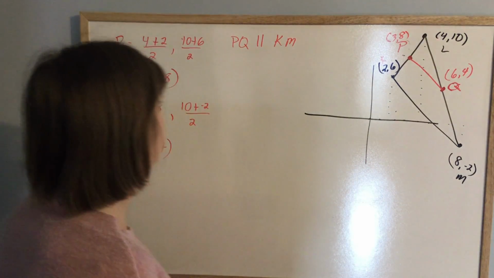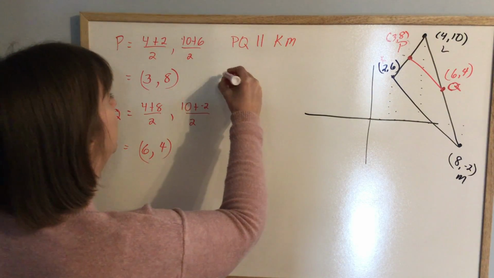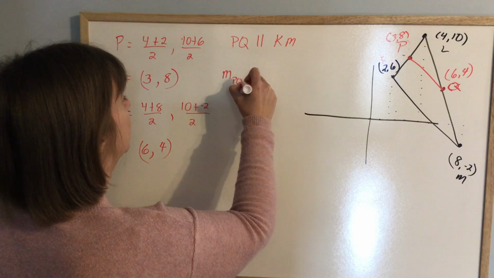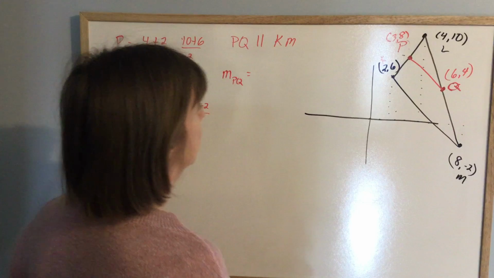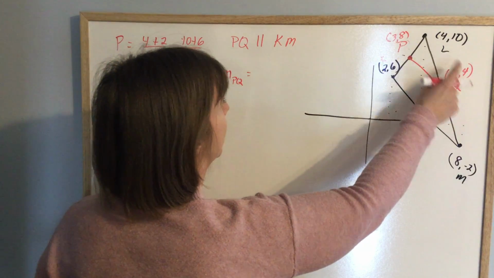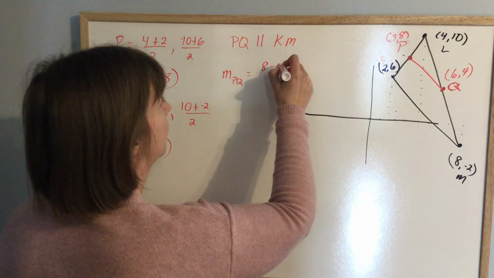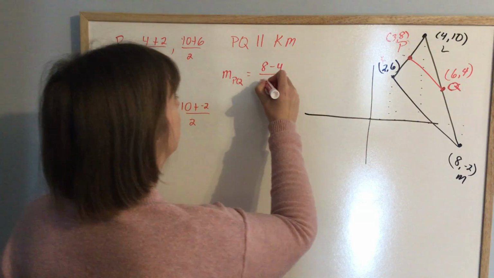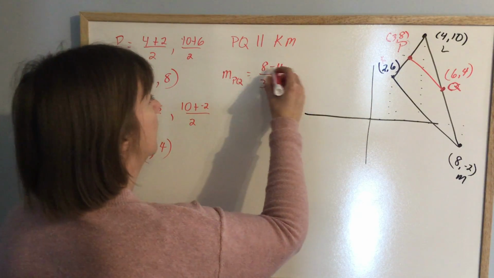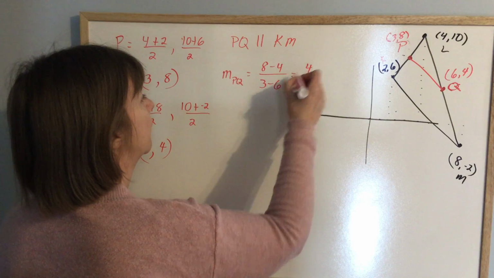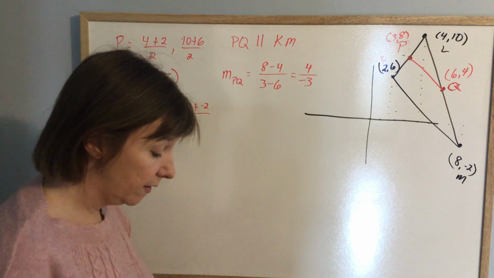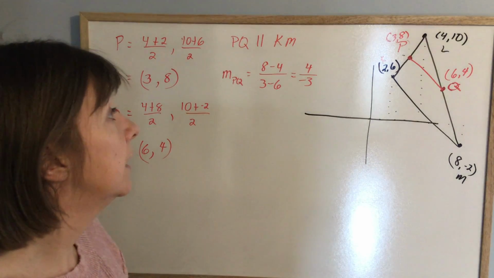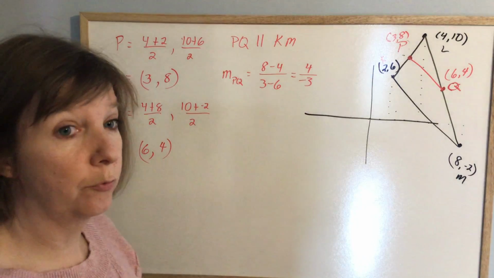So I'm going to find the slope for PQ, which is y2 minus y1 over x2 minus x1. So that's 8 minus 4 over 3 minus 6. 8 take away 4 is 4. 3 take away 6 is negative 3. So the slope for PQ is negative 4 over 3.